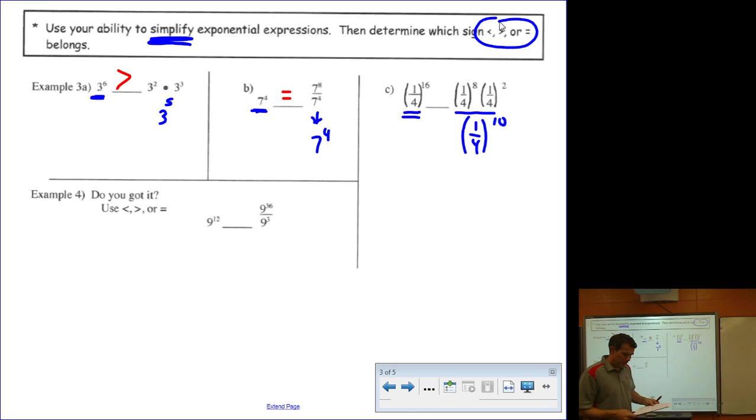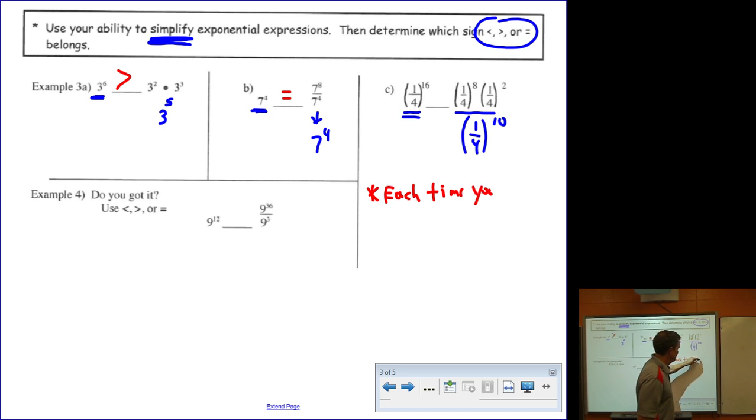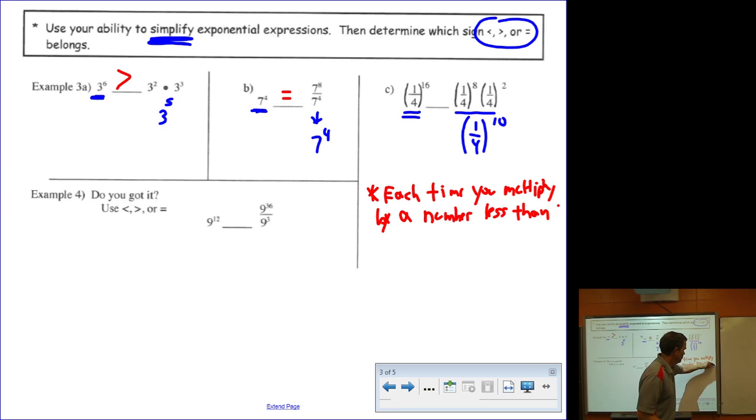All right, but here's an important point to make. I'm not sure if you know this, but look. Each time you multiply by a number less than 1, the answer gets smaller.